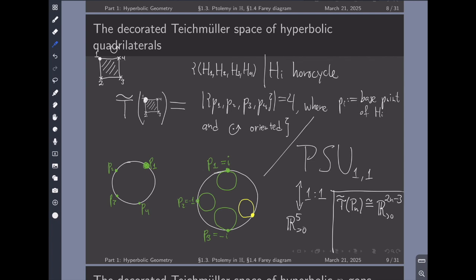And now the thing is, consider again this quadrilateral. To give one triangulation, you need to tell me, okay, take this diagonal or take the other.